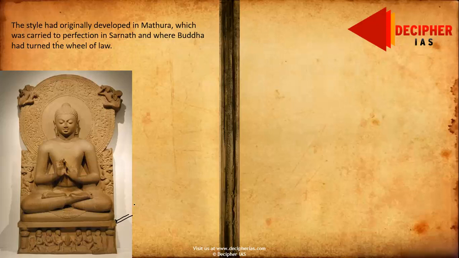The wheel of law was basically gained significance from this Sarnath place. So Gupta sculptures outgrew the sculptural phase of Bharhut and Sanchi.